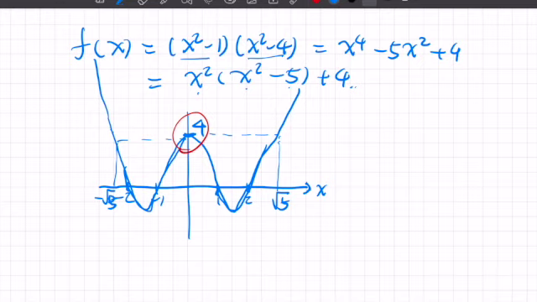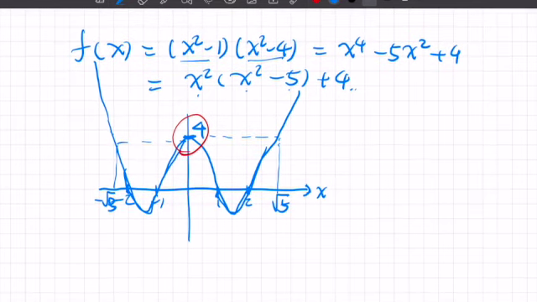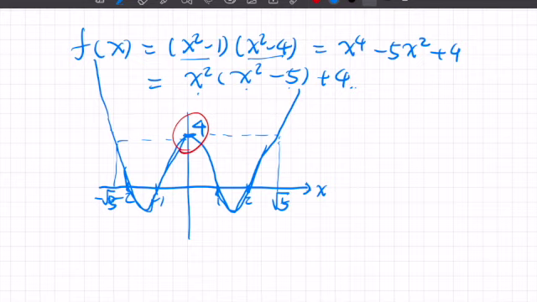All right, so let's prove this is indeed a local maximum as given by the definition we have just given. So let's see. We know that this is square root of 5 and it takes the value of 4.